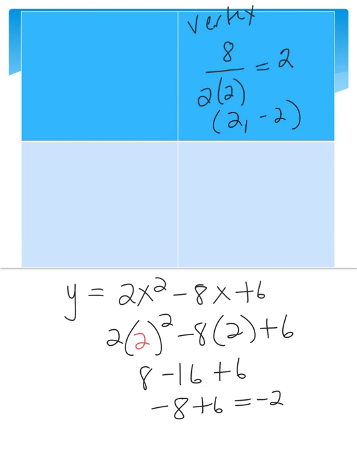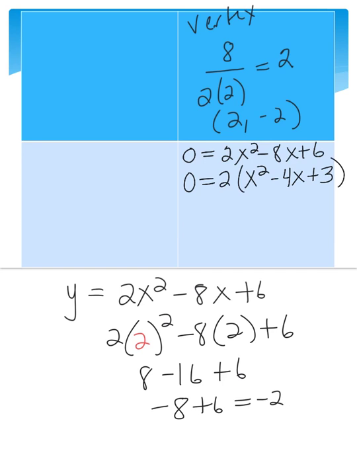Let's go ahead and find the intercepts. So for an x-intercept, y is equal to 0, so we're going to set this equation equal to 0. You have two options to solve this. You can either factor it or you could use the quadratic formula. I can see that a 2 can be factored out, so let's take the 2 out. So we have x squared minus 4x plus 3.